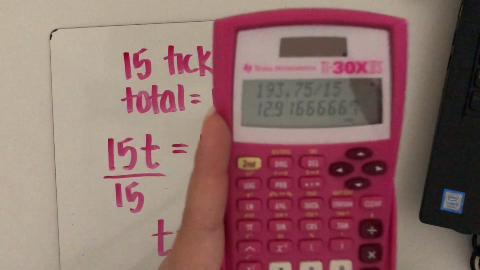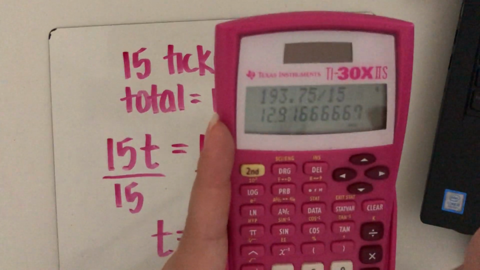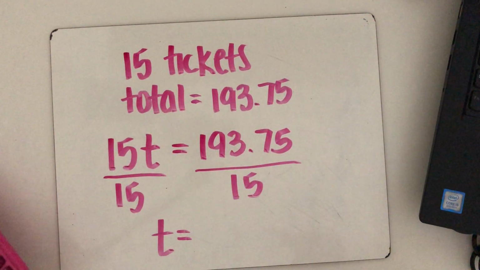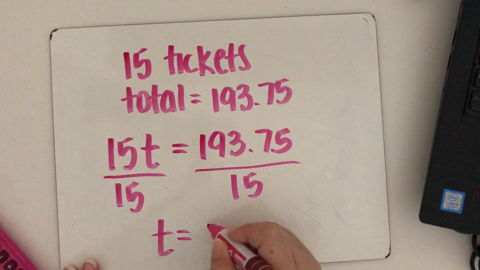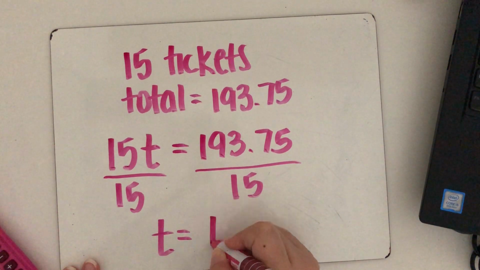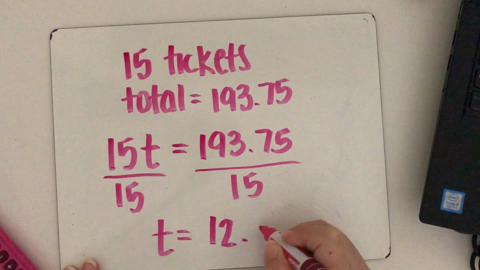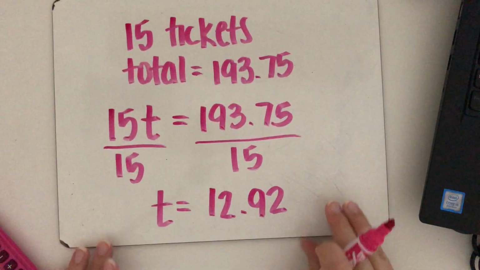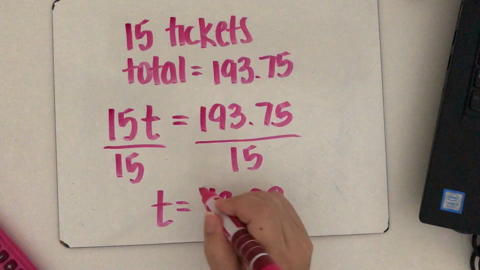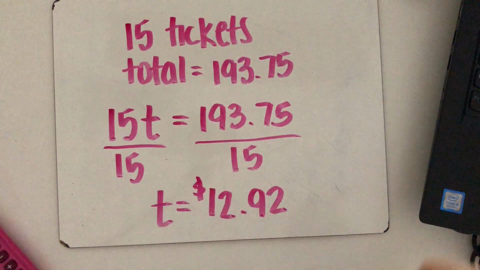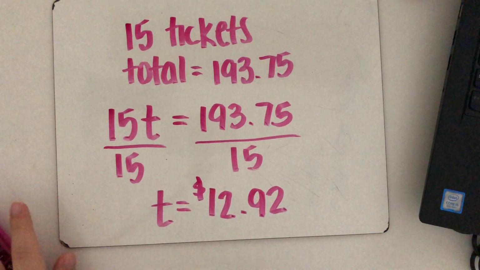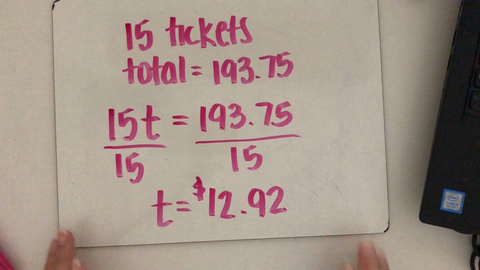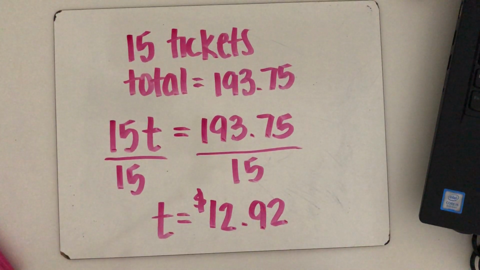So that means that I'm going to go ahead and round it because it wants to know the average. So again, I'm dealing with money, which means it only is going to have 2 decimal places. So that means that each ticket is going to be about $12.92, okay? So remember that you can write an equation from any kind of word problem that you have, but you're always looking for those keywords that tell you what operation you're actually using, okay?